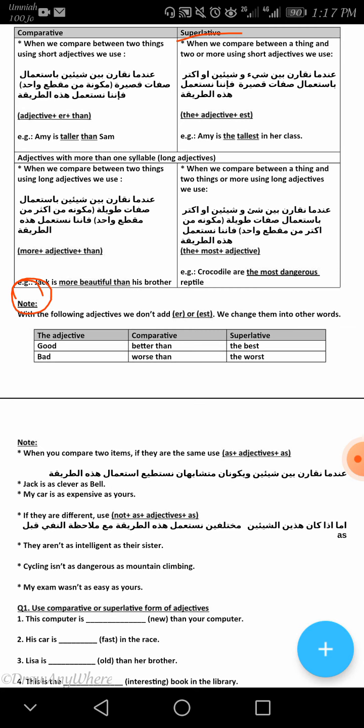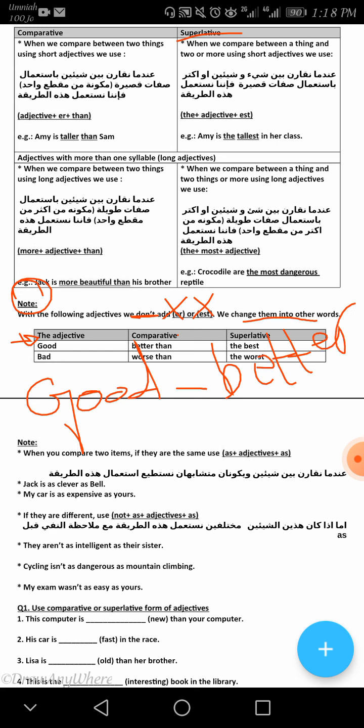Now be careful about this note. Some adjectives we call them what? Irregular adjectives. So with these adjectives we don't add er or est في حالة الcomparative والsuperlative, we change them all to new words, like good, جيد, better than. في الcomparative الgood بدها تصير better.